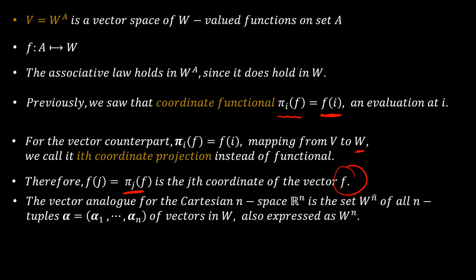Obviously from this, alpha j is the jth coordinate of the n-tuple alpha. These are pretty straightforward concepts, and I hope they are clear at this point.